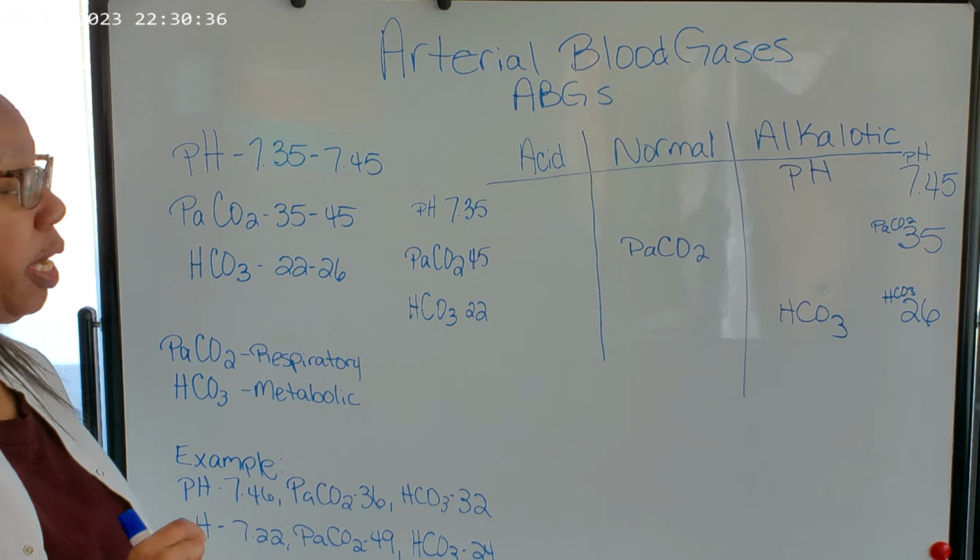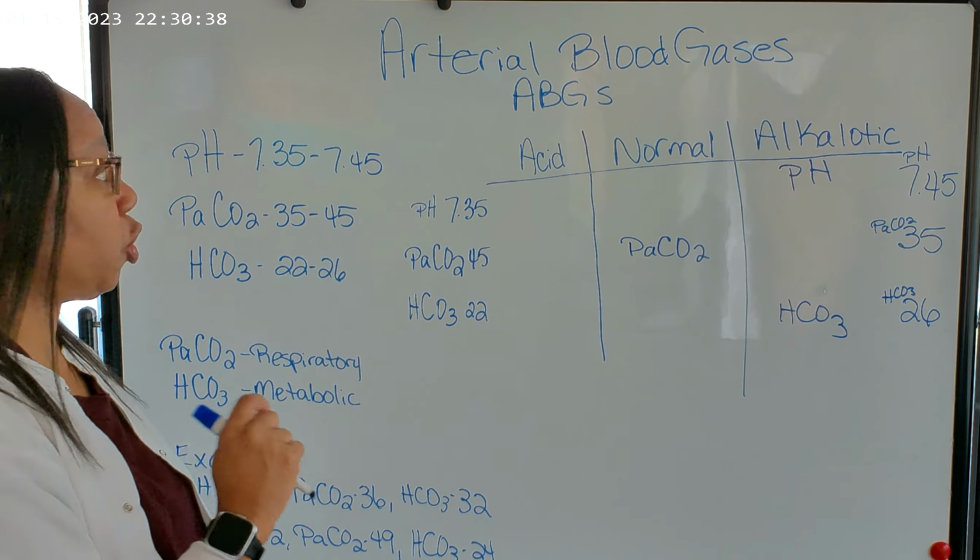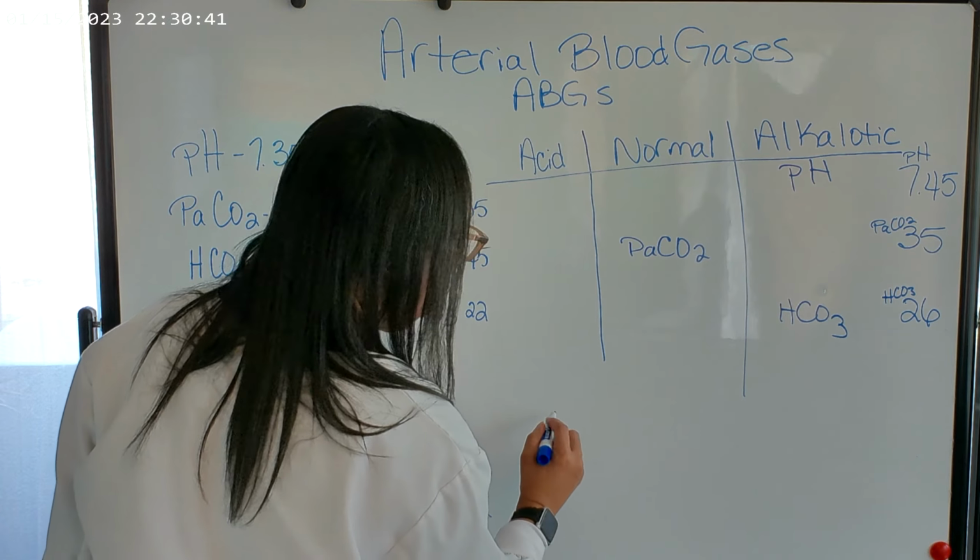We want the one that matches our pH. Which one matches our pH? Our bicarb matches our pH. So we've got 4 options.